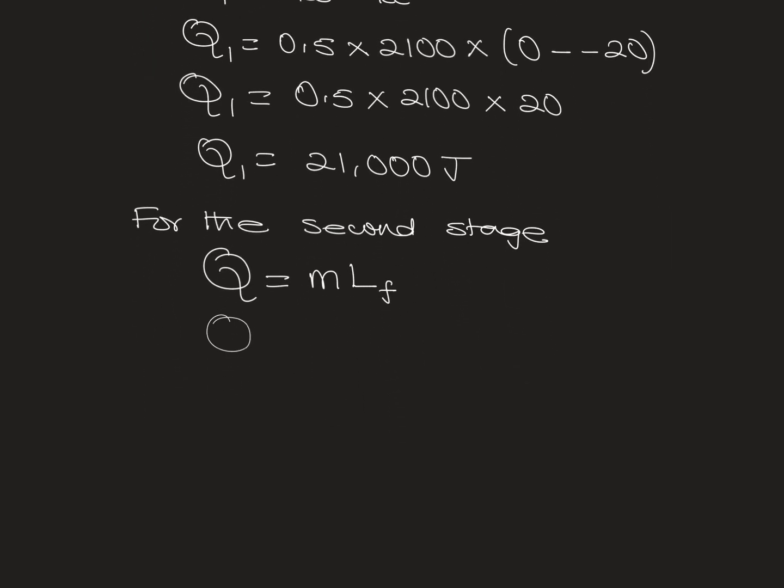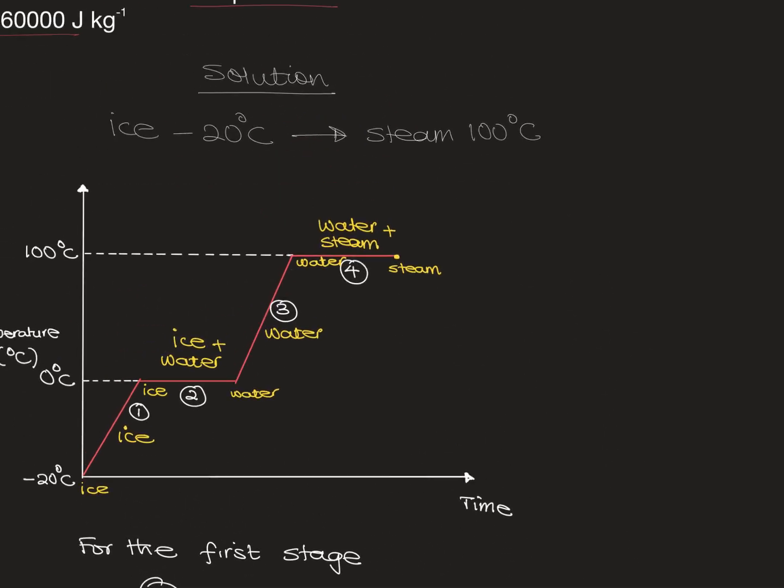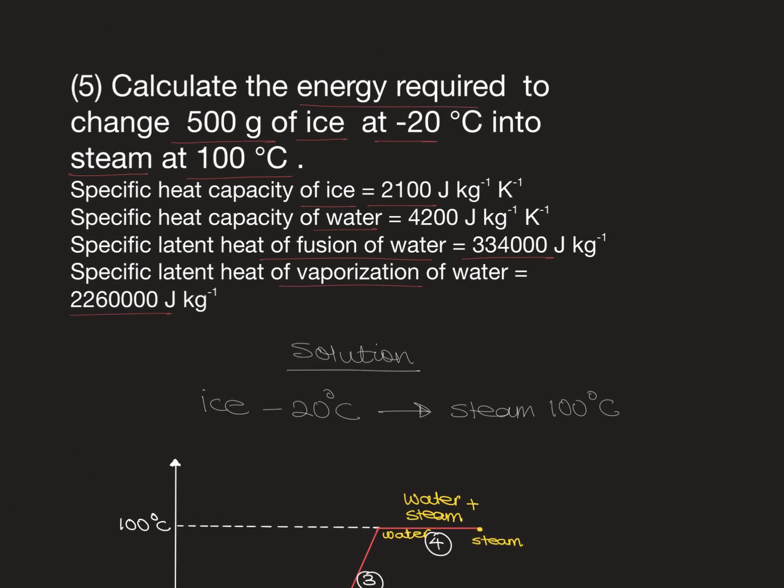So Q2 is equal to the mass of the ice times the specific latent heat of fusion. Q2 is equal to the mass of the ice, 0.5, times the specific latent heat of fusion, which is given in the question as 334,000 joules per kilogram.